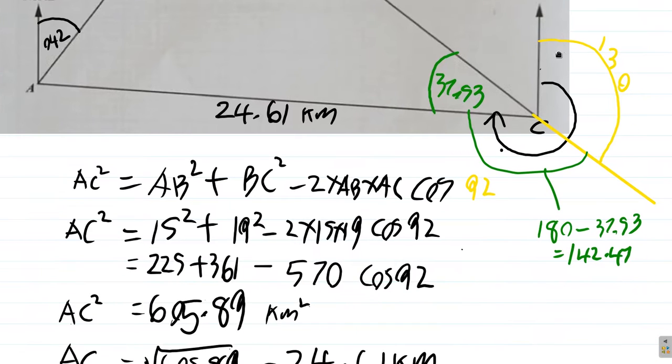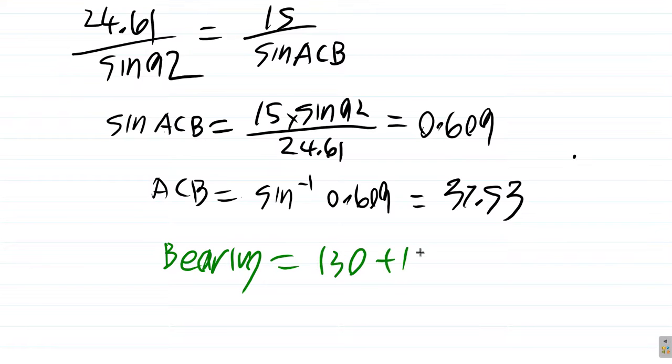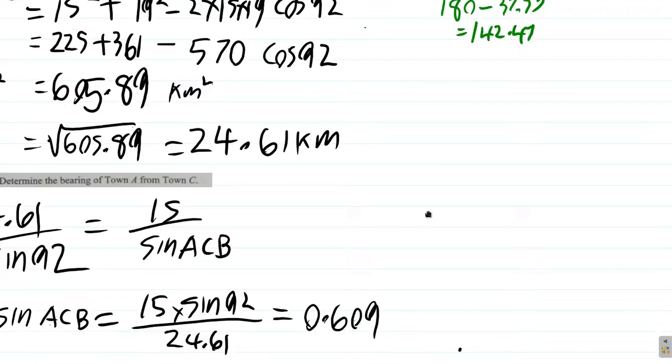That's 142.47. So that 142.47 is this angle, right? So what we do is add 130 to it. So the bearing equals 130 plus 142.47.